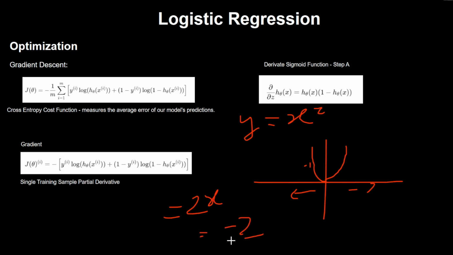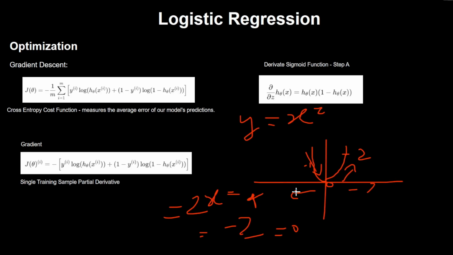The negative value signifies that it has a negative slope. You can see it is going downwards. If you plug in x = 0, the value will be 0, which says that it is just flat. Similarly, if you put in any positive value like 2, it will be 2x, which is 4. So it says that it has a positive slope. That's why we take the derivative of the cost function.